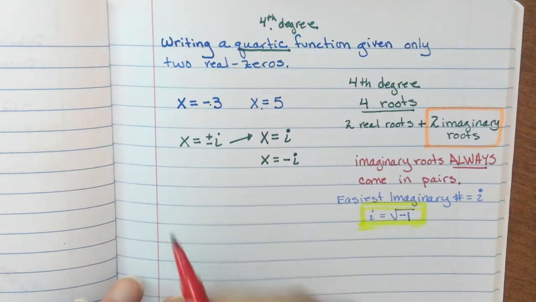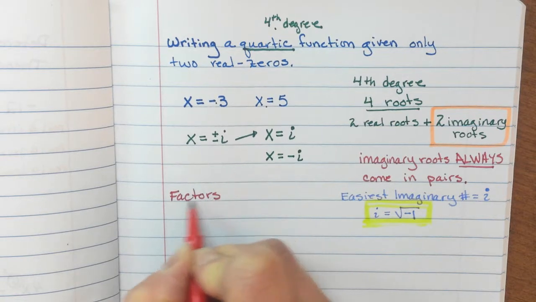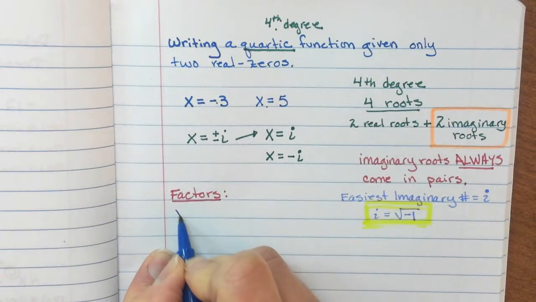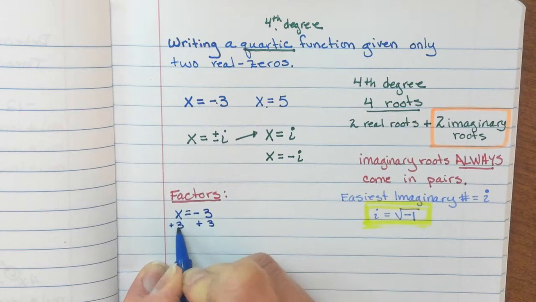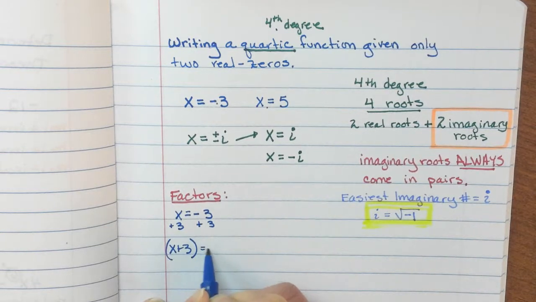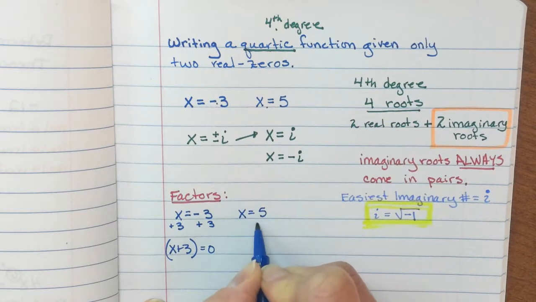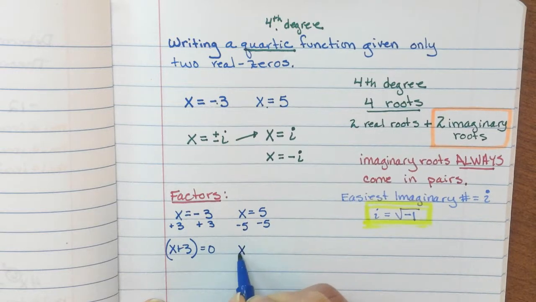Let's go ahead and write this out as factors. My factor for x equals -3: I add 3 to both sides of my equal sign, and I get x plus 3. That is one factor. And then I have x equals 5. I subtract 5 from both sides, and I get x minus 5.